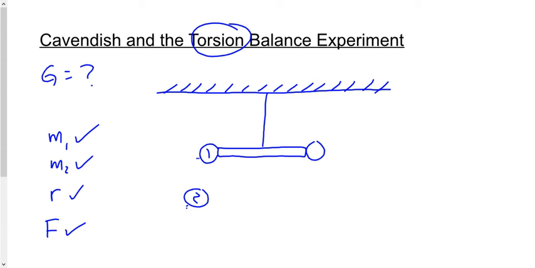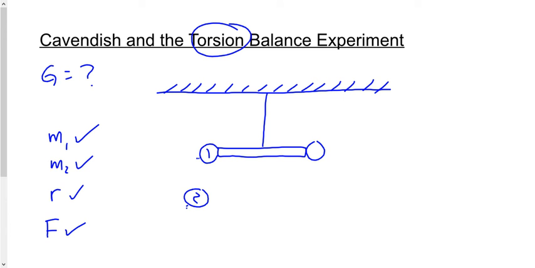Bring it nearby mass 1, it twists. Let's measure the amount of twisting, and then let's determine the force from that. The Cavendish torsion balance experiment, or the Cavendish twisting balance experiment. We measure the force by the amount of twisting of the string.